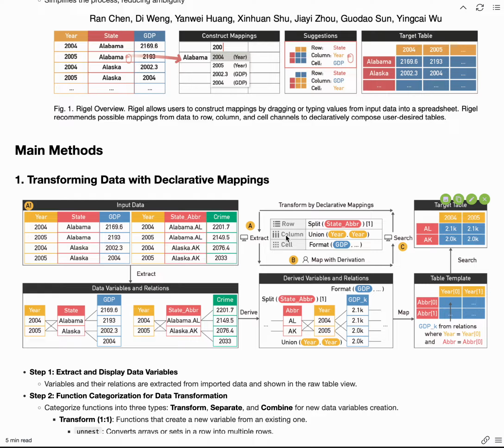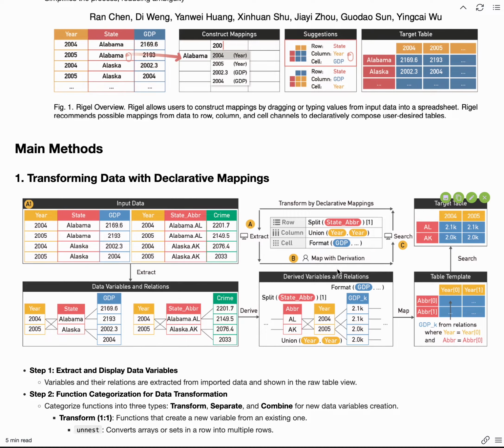Now, if we look at this figure, part B, it uses split to pull out state names from a list, like Alaska is shortened to AK. Also, union puts two year pieces together, like gluing two lists into one, and the format changes a GDP number to look better. You can see from here.